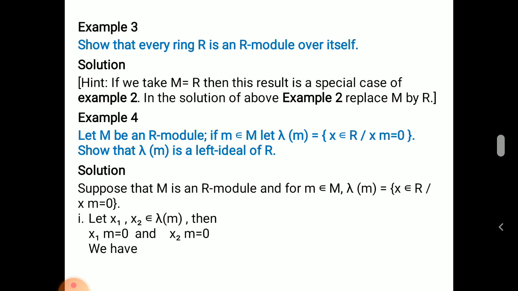Next example, every ring R is an R module over itself. You have to remember that every ring R is an R module over itself.